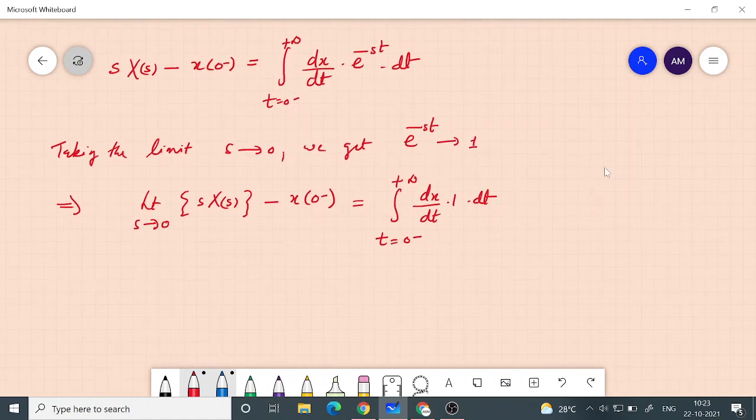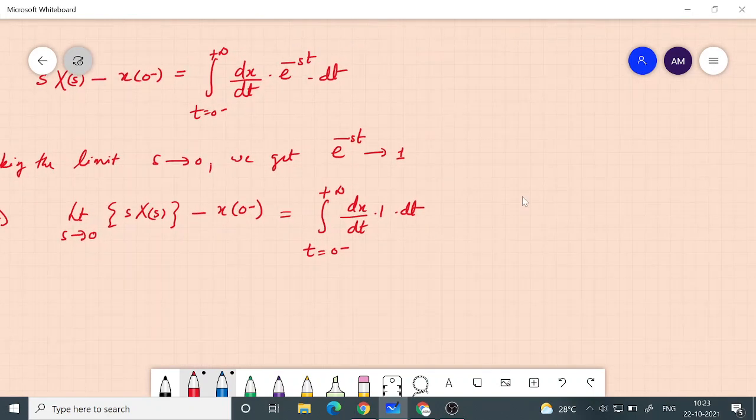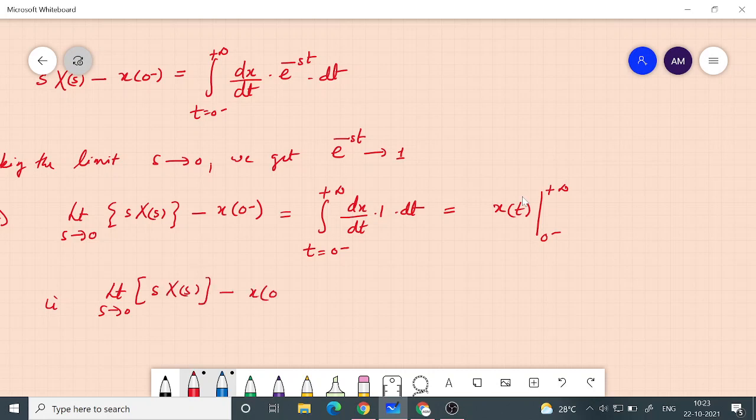Now if you look at this RHS term, you can see the integral of the derivative. The integral of the derivative is x of t with limits 0 minus and plus infinity. So limit s tends to 0, s into x of s minus x of 0 minus is equal to x of infinity minus x of 0 minus.